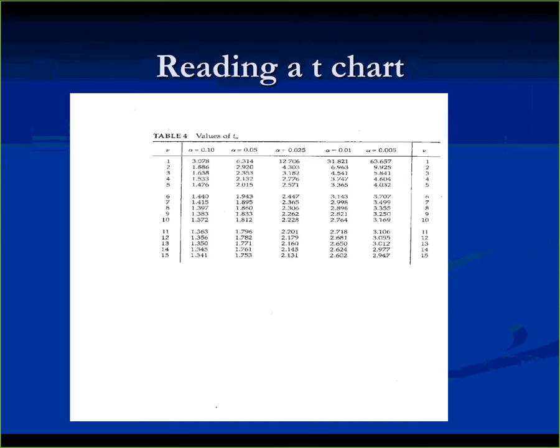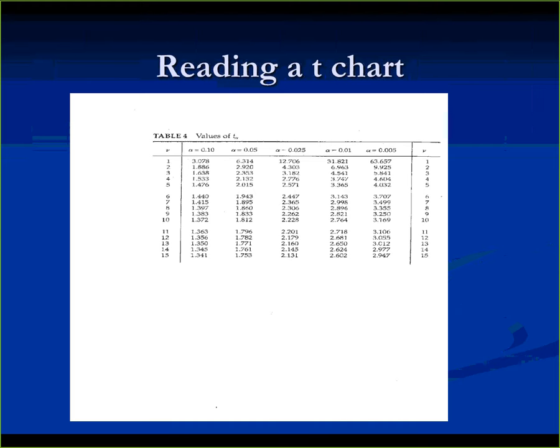So if I have 12 data points in my sample, and I want to figure out the t-value where alpha is 0.025, I'm going to use degrees of freedom 12 minus 1, which is 11, and then I'm going to read across my 11th row to the column where alpha is 0.025, and my t-value is 2.201.